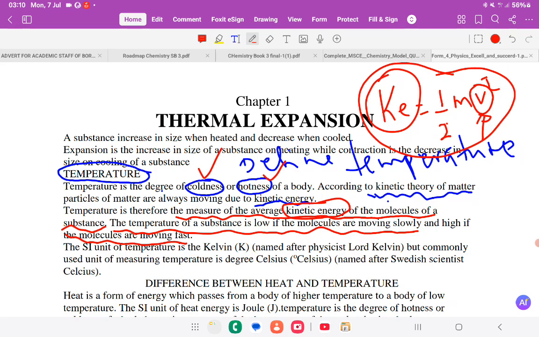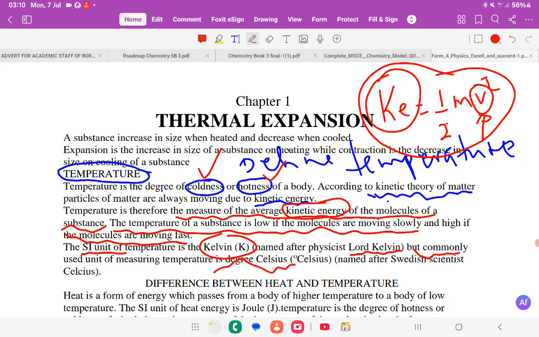So the SI unit of temperature is called the Kelvin, named after a physicist called Lord Kelvin. Lord Kelvin is the one who came up with what is called thermodynamic temperature, which is measured on the Kelvin scale. But in your lab, most of the time you are going to be using degrees Celsius.